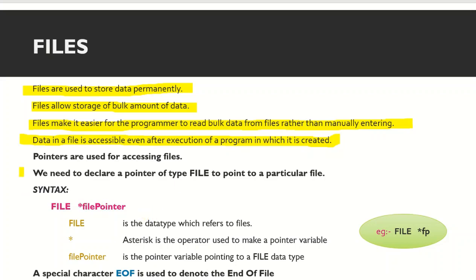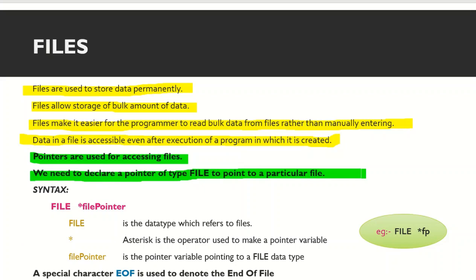Pointers are the tool used for accessing files. That is, all files will be pointed to by some file pointers. So we need to declare a pointer of type FILE to point to a particular file.